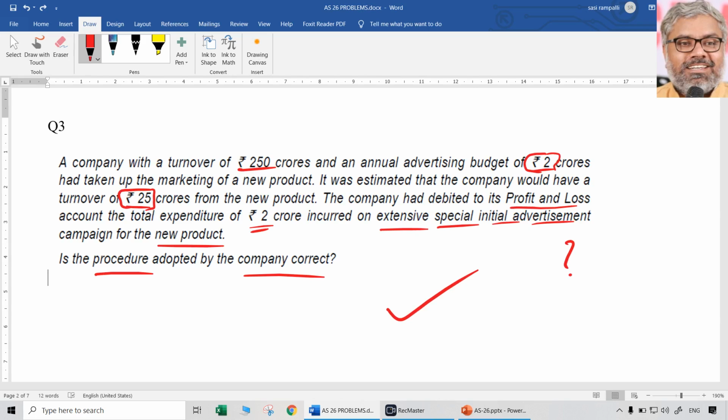And the cost of the intangible, if at all we wanted to create one, we cannot measure reliably. When all these things are not possible, we cannot identify intangible assets, so the recognition criteria is not met. Hence, no intangible can be created by advertising expenses or publicity expenses. Always they have to be charged off to the P&L account.